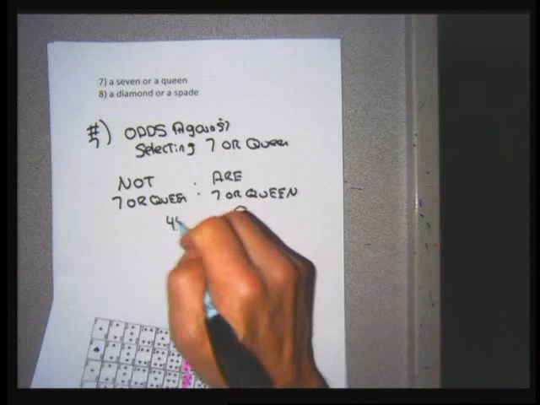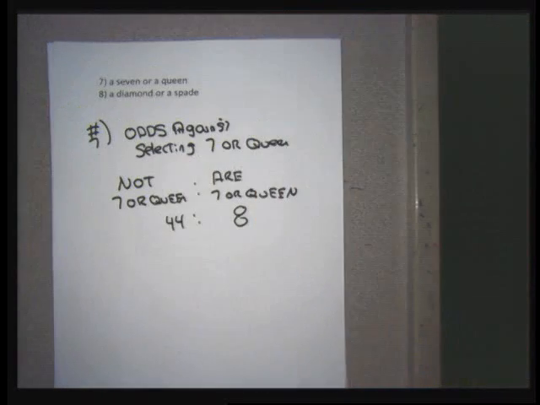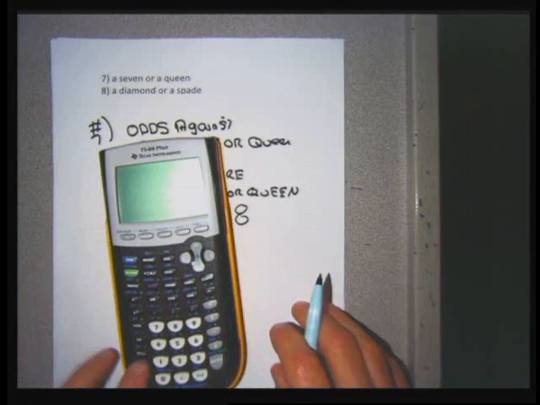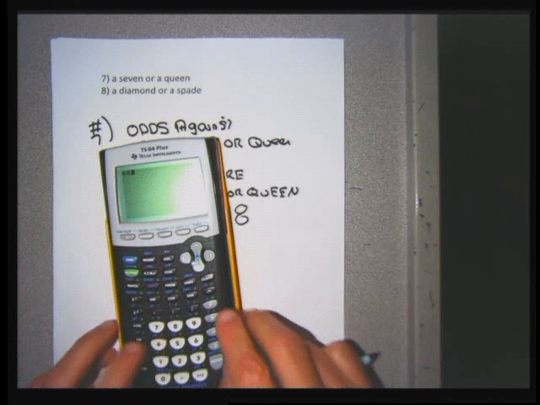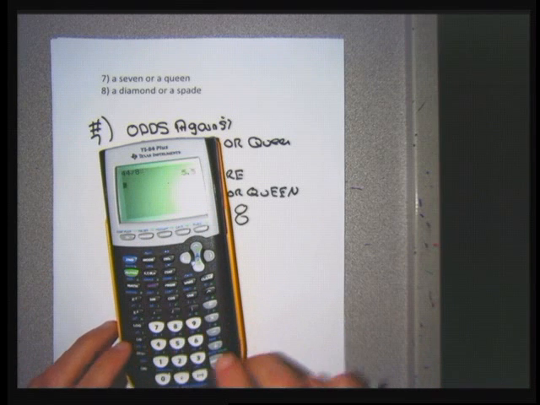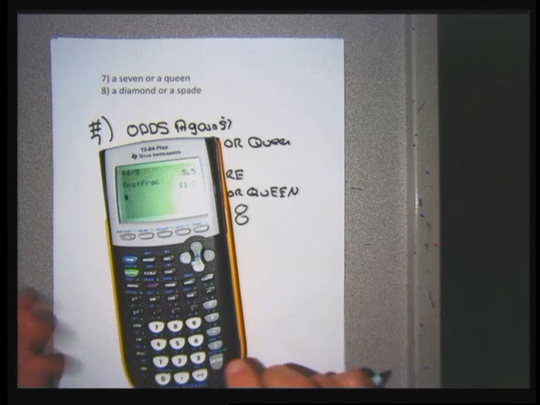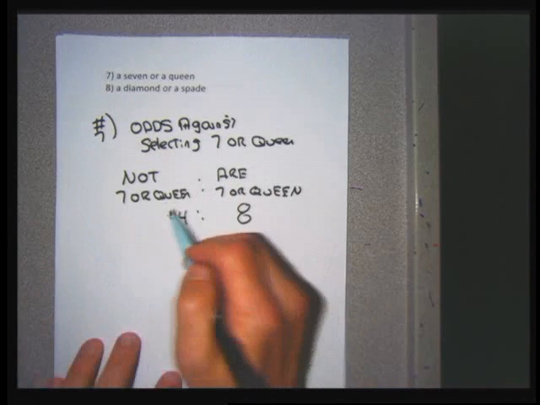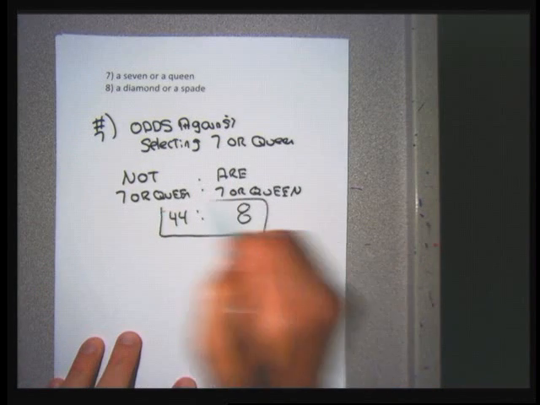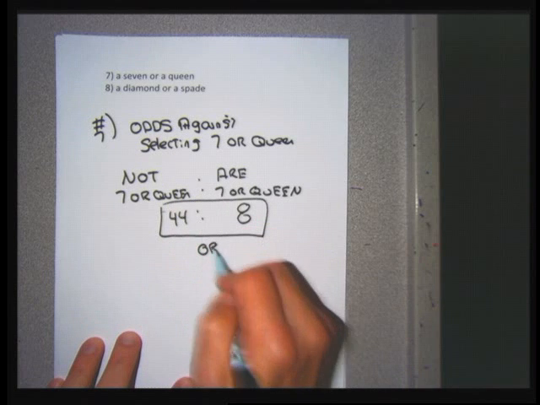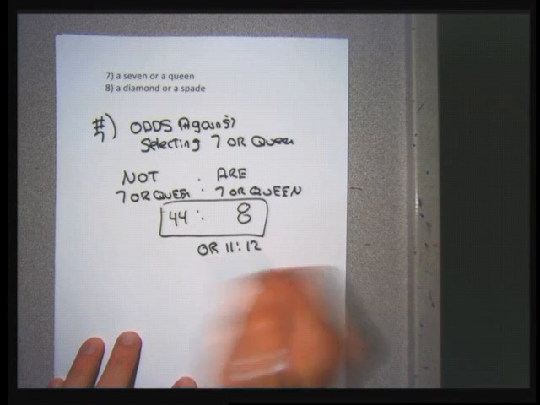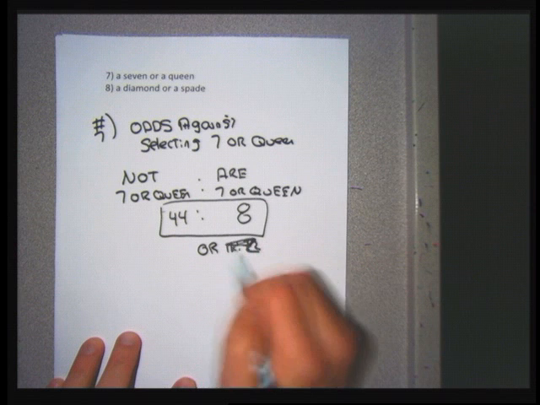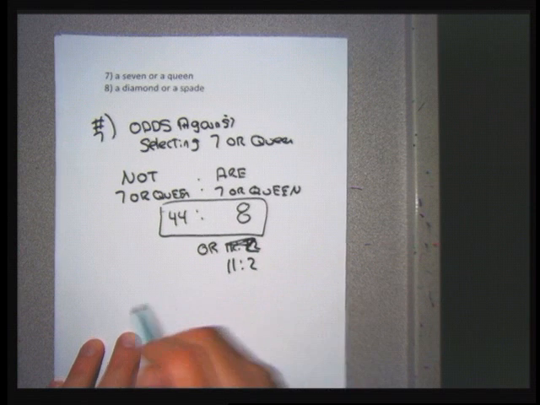So I'm going to write 44:8, and I can try to reduce that. So 44 divided by 8 equals, math, enter, enter. It's going to be 11 to 2. So the odds against selecting a 7 or a queen are 11 to 2. 11 to 2 are 44:8.